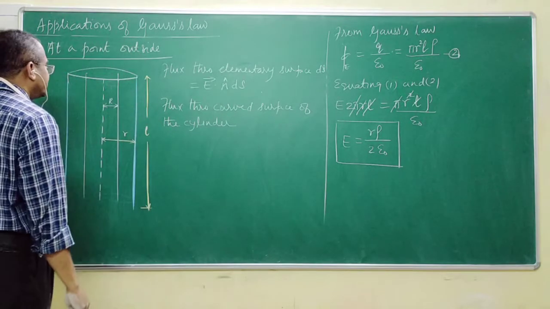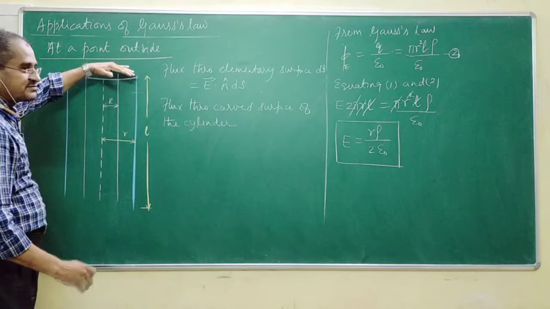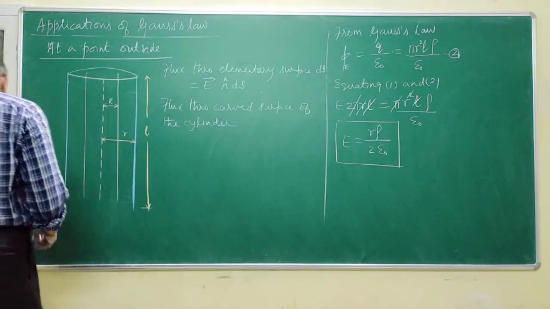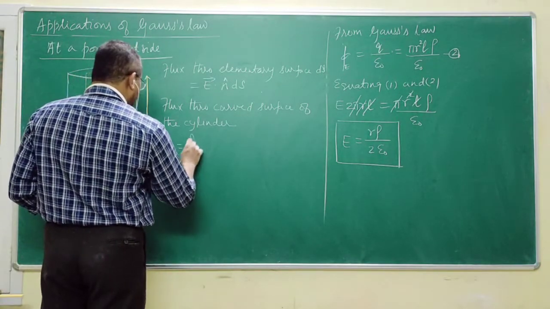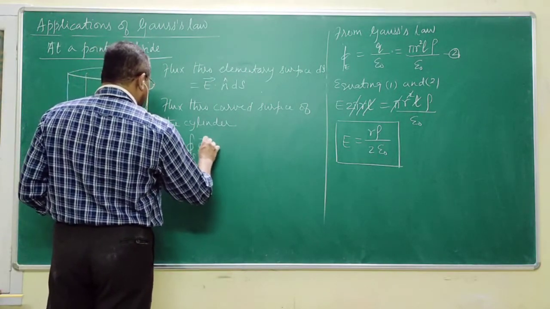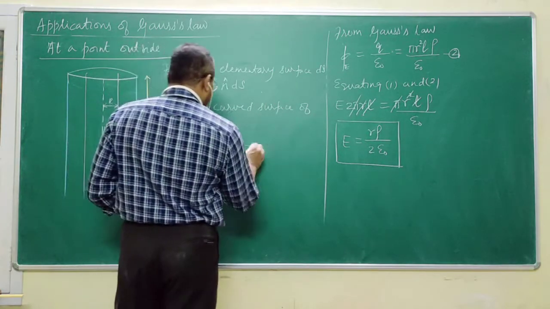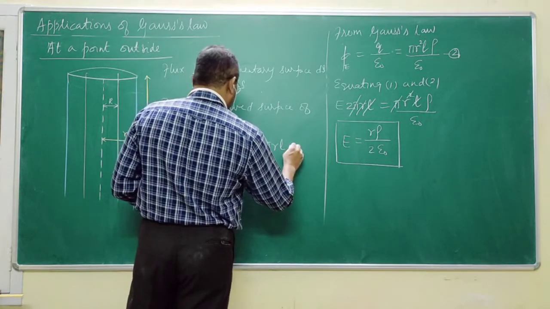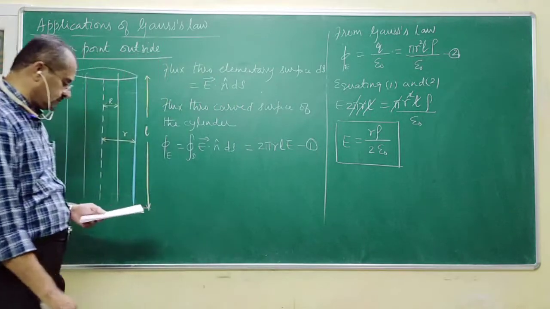When I say curved surface of the cylinder, I am taking this portion alone, not the caps, only the circular portion. Okay? Then for the curved surface, phi e is equal to integral over the surface E vector dot n unit vector ds, integrating that gives 2 pi small r L into E. This will be equation number 1.